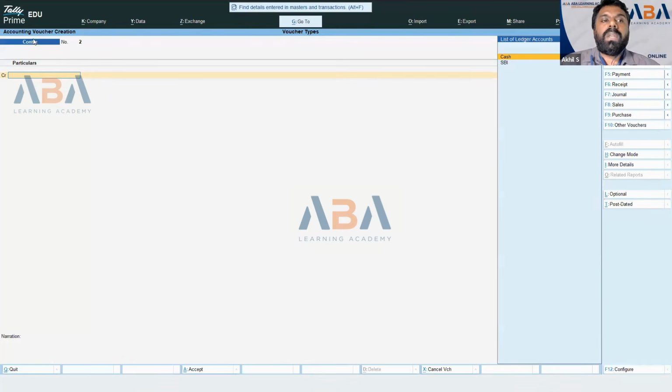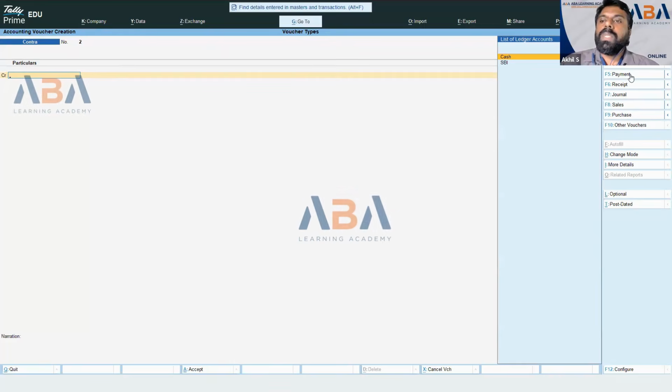Currently we are in Contra. Contra is the voucher type screen over here. If you look at the right side, you can see Contra, payment, receipt, journal, sales, purchase, other vouchers. These are the different kinds of voucher types which we use to post particular transactions. Each and every voucher type has its own role.